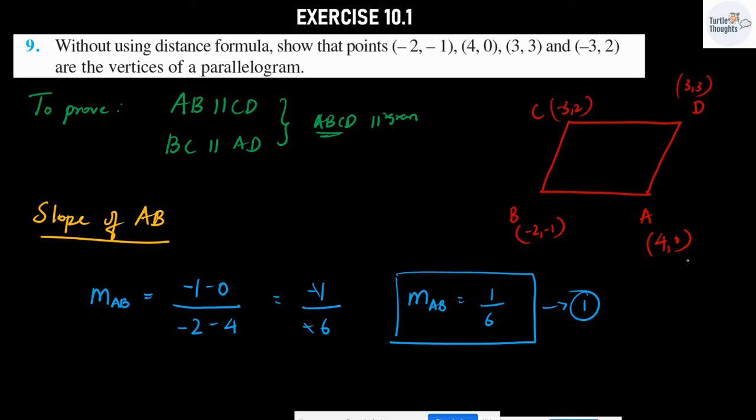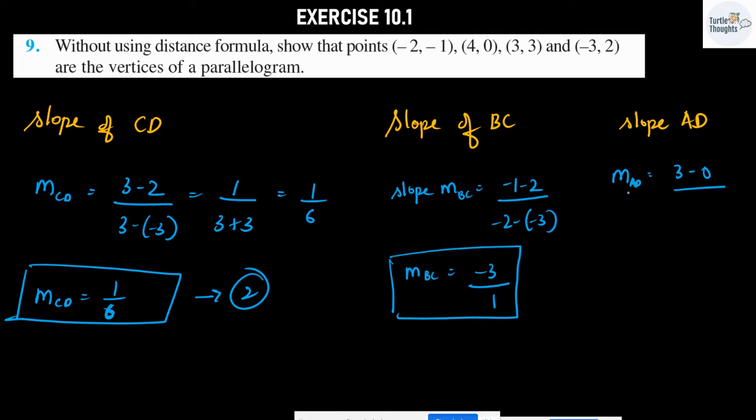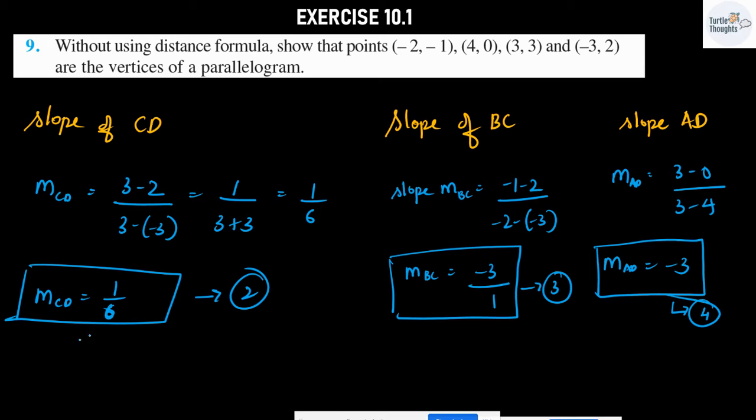So 3 minus 0 divided by 3 minus 4, right? So MAD also I'll be getting as 3 divided by minus 1. 3 divided by minus 1 I can write as minus 3, right? So this can be your equation number 3. This can be your equation number 4.